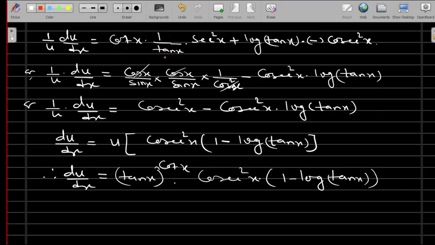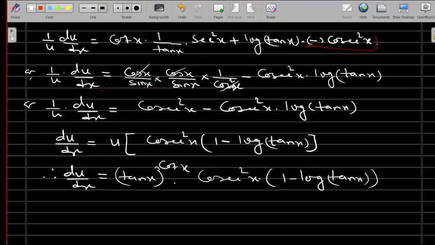Now 1 by u times du by dx equals cot x, which is cos x by sin x, times 1 by tan x, which is cos x by sin x again going up, into sec square x, which is 1 by cos square x, plus minus cosec square x times log tan x. The cos squares cancel, and 1 over sin square x is cosec square x.